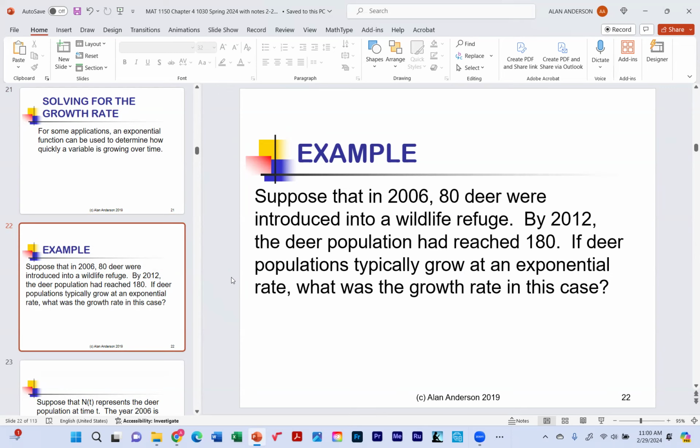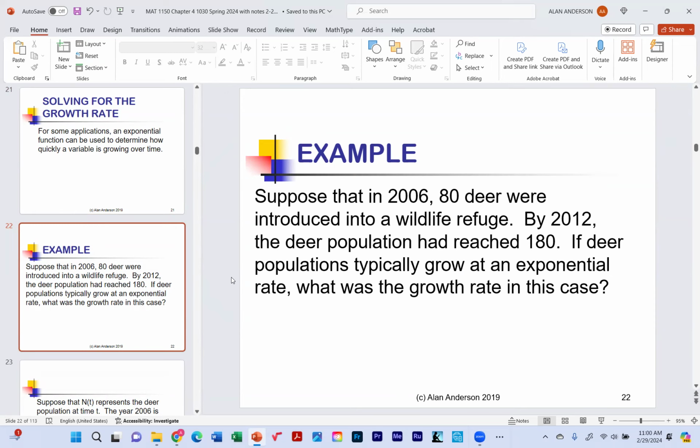And 6 years later, the population is up to 180. Wow, that's fast. But deer reach maturity very quickly, so they go from 80 to 180. So what we want to know is, assuming that their growth rate is exponential, which is a perfectly natural assumption with a population like this, what is the implied growth rate?